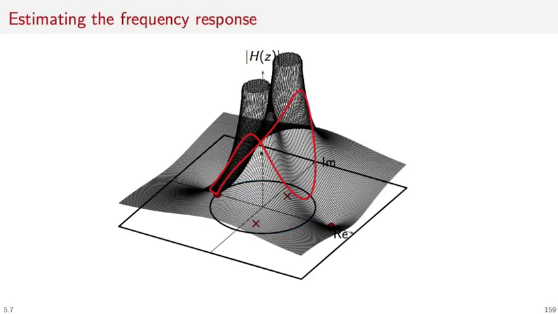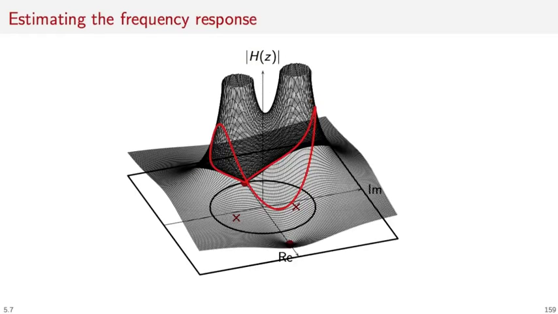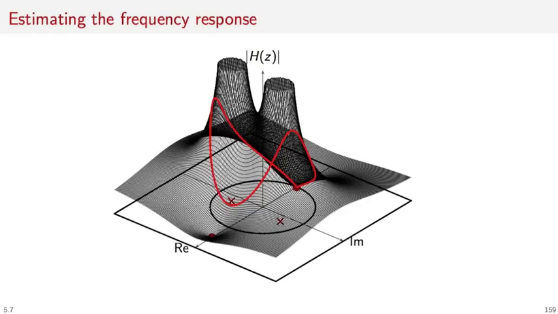In other words, the level curve will intuitively dip down when it passes near a zero and will be pushed up when it passes near a pole. This zero is actually on the unit circle, so the level curve will touch the ground there. We can turn it around a little bit to see it better.